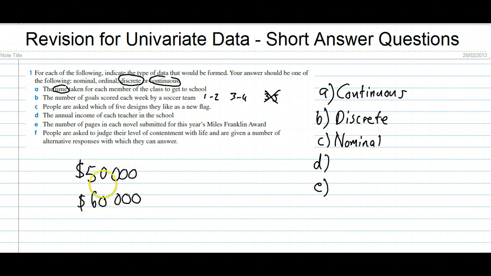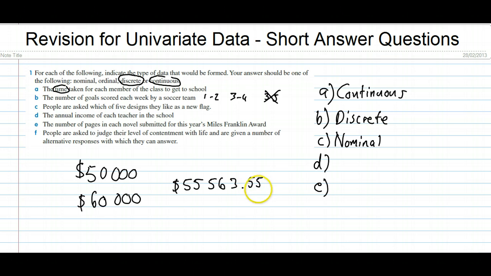Now while there's a lot of variation between the values that can occur, it's conceivable that you might get a teacher being paid $55,563. It's possible you could get a teacher being paid that much, but there is a limit to how detailed these answers can get. They might even go down to the cent. There might even be a teacher who gets 55 cents, but it's going to stop at that point.